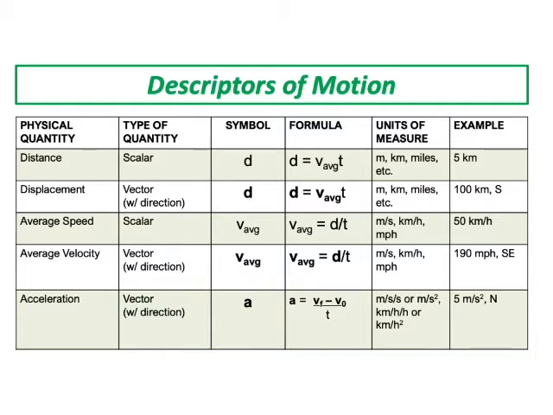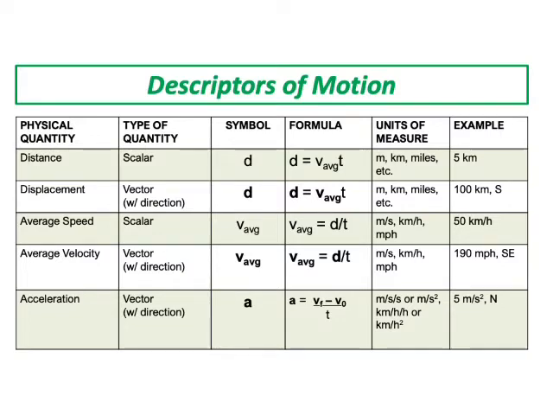Here is the table of the descriptors of motion that we have learned in our previous lesson. As we have learned, we have 5 descriptors of motion for our lesson, which are distance, displacement, average speed, average velocity, and acceleration. And also we have classified each of these descriptors of motion as either a scalar or vector quantity.